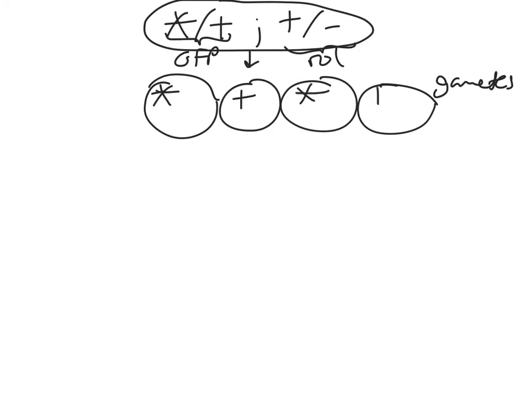Okay, so 50%, half of the gametes, we're drawing 4, have an asterisk, the other half have a plus. Mendel's first law. So for any single gene, the alleles segregate into the gametes, 50-50.